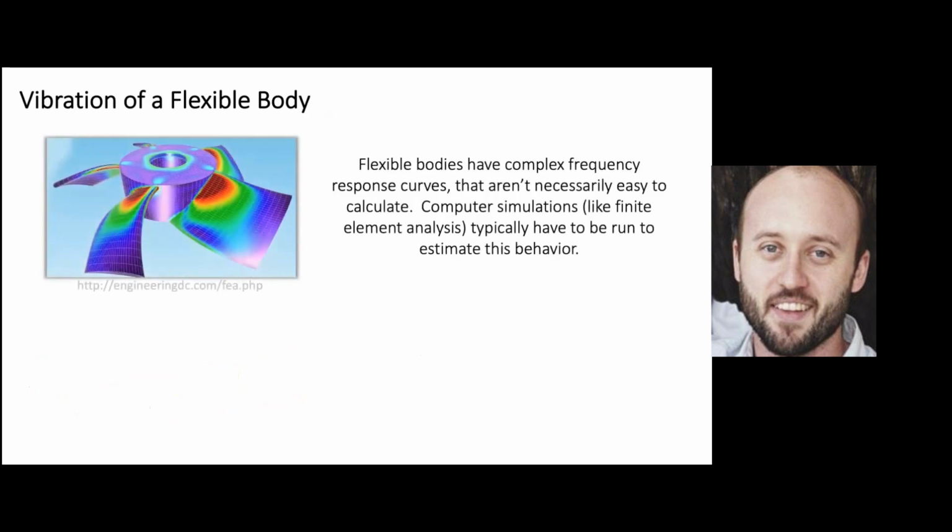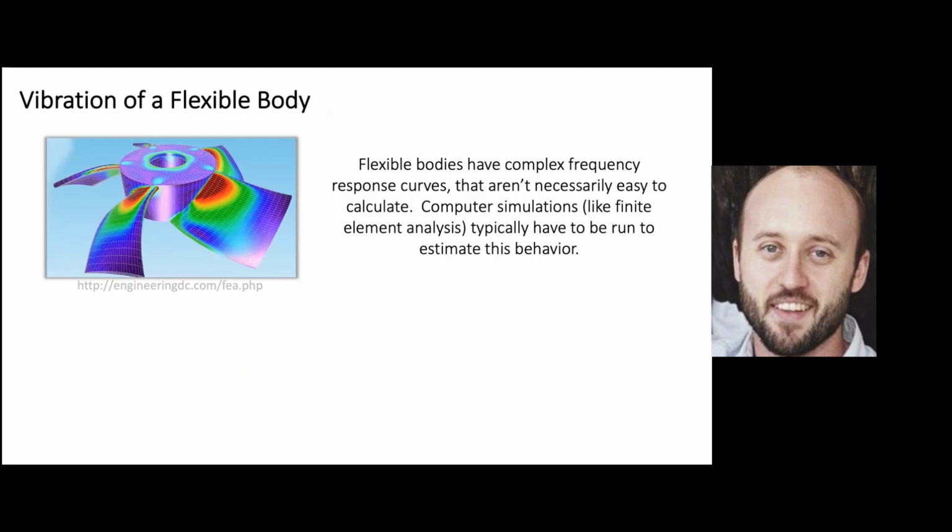Now, in real life, our systems are much, much more complex than just a simple block bouncing or a bending beam. We would see something like a turbine blade. And what we can do to understand what that vibration behavior is, is run very complex simulations. So maybe you've heard of finite element analysis.